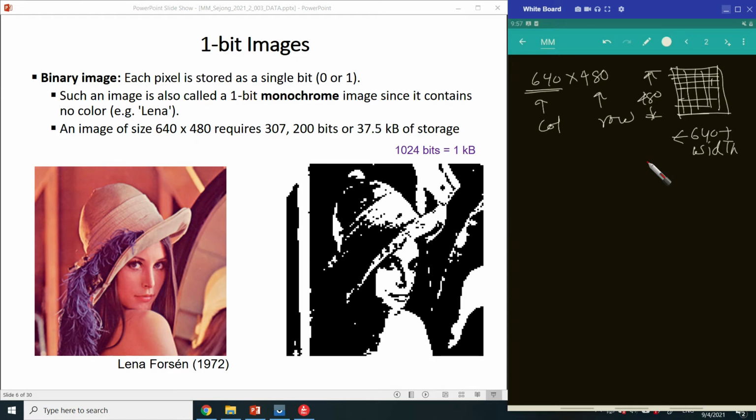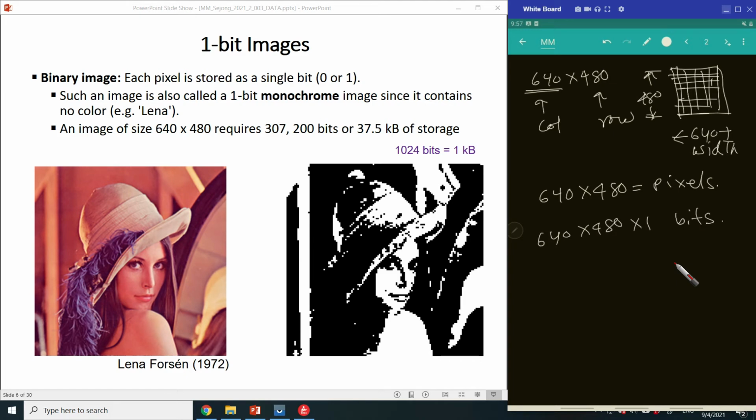So if this is an image size, how much storage do we need in our computer to store this 640 by 480 image? Definitely you know how many pixels there are, because there are 640 columns and 480 rows. So this is the number of pixels we have. And for 1 pixel, how many bits do we need? We need 1 bit. So that means 640 multiplied by 480 multiplied by 1.